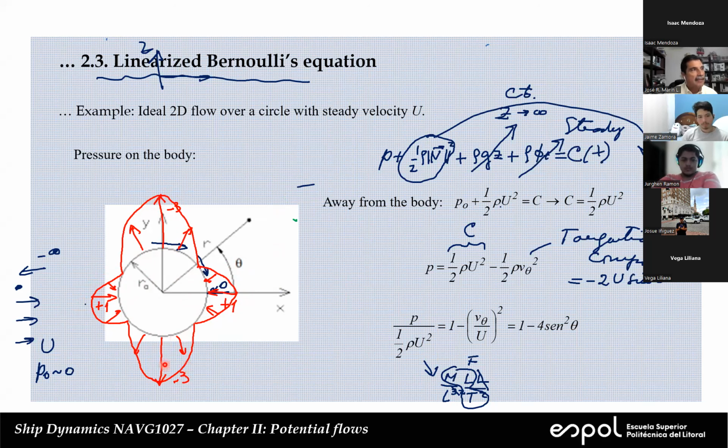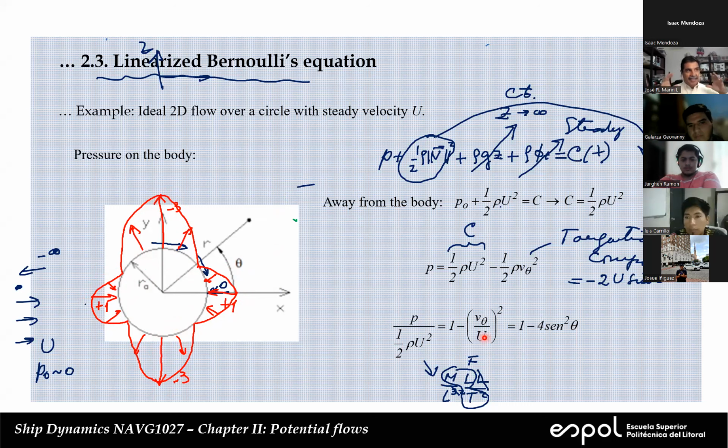They cancel. What's the net pressure on this body, people? Zero, doctor. This is a steady case, okay? No viscosity. We are away from the free surface, so no waves are generated. Questions about this, people?